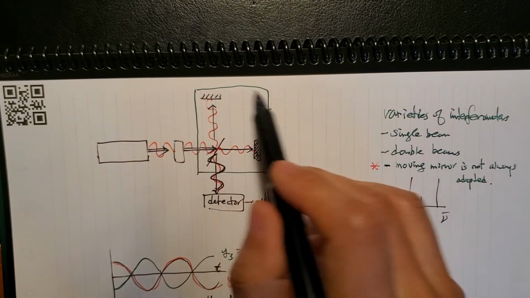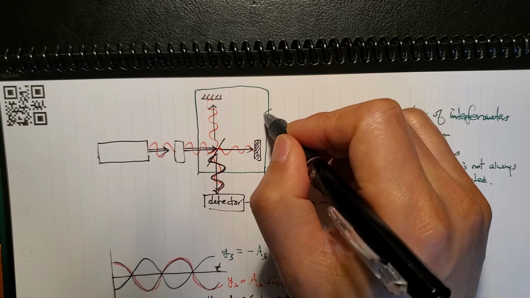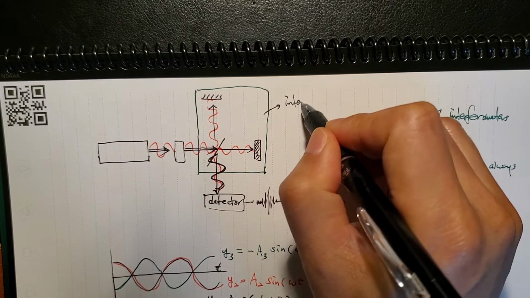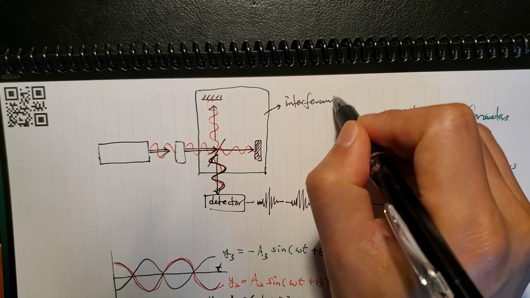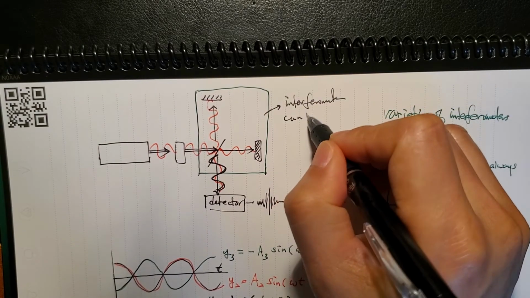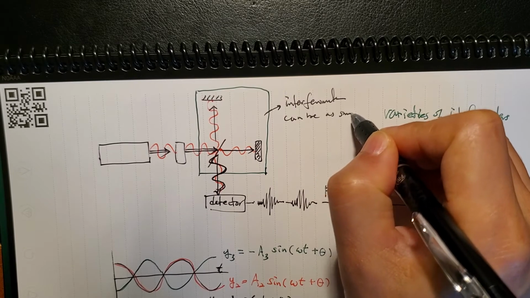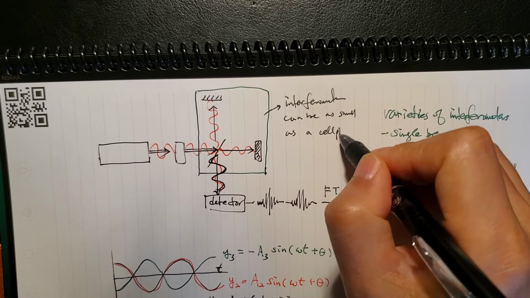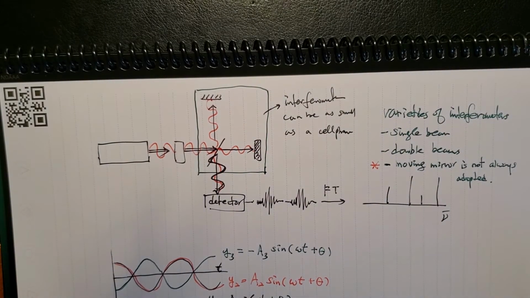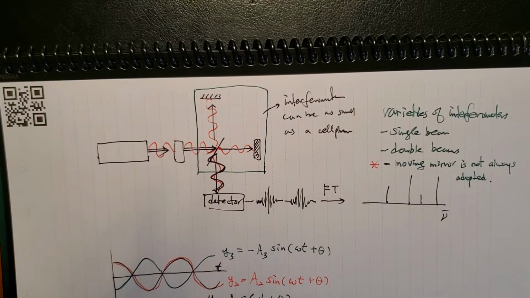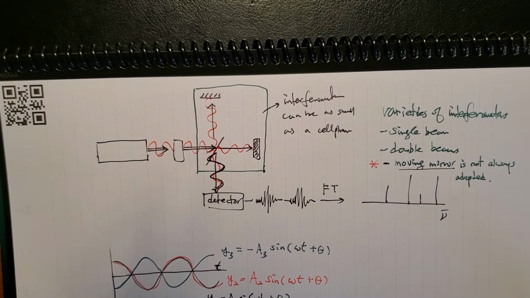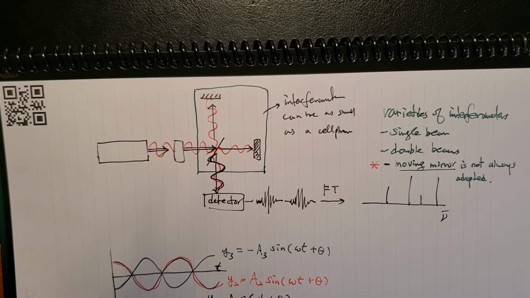And this little box can actually be as small as a big cell phone. And also, an interferometer doesn't have to have moving mirrors. There are so many different types of interferometers, depending on your goal.